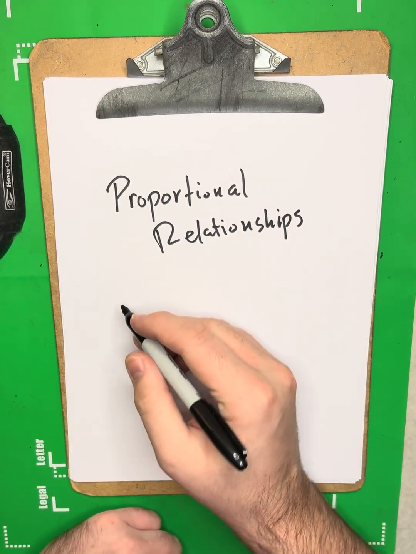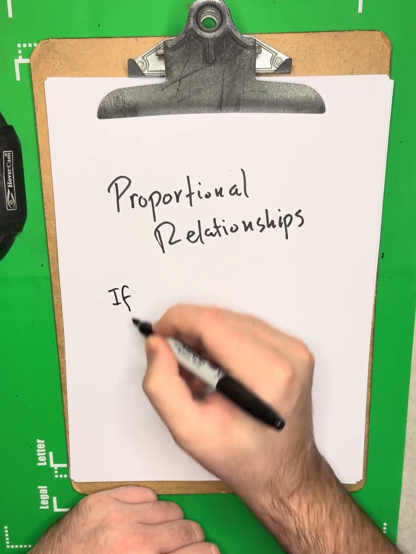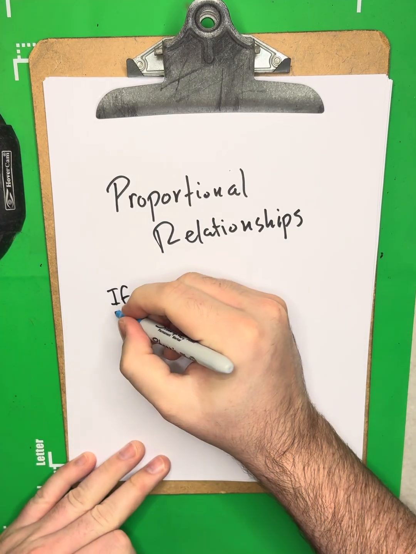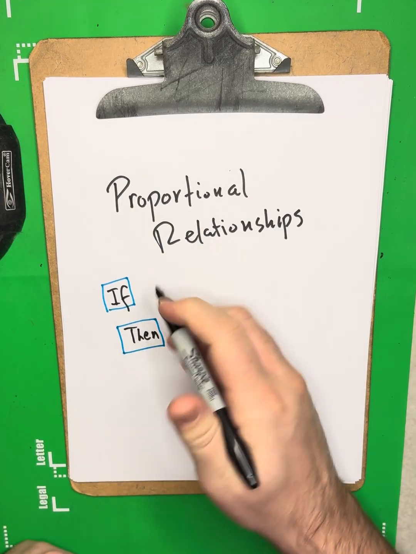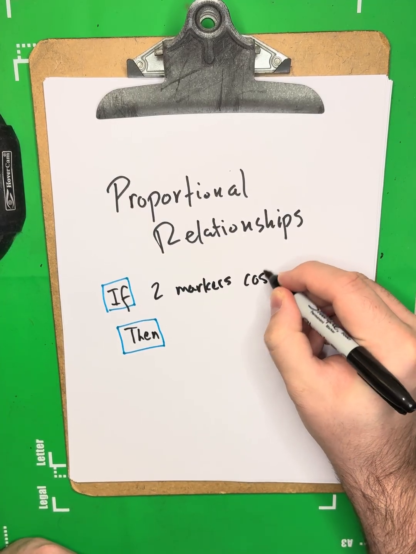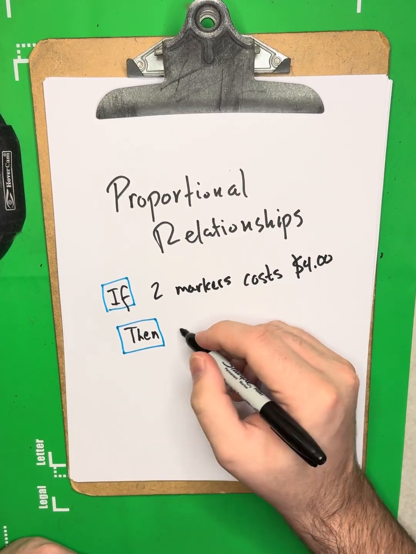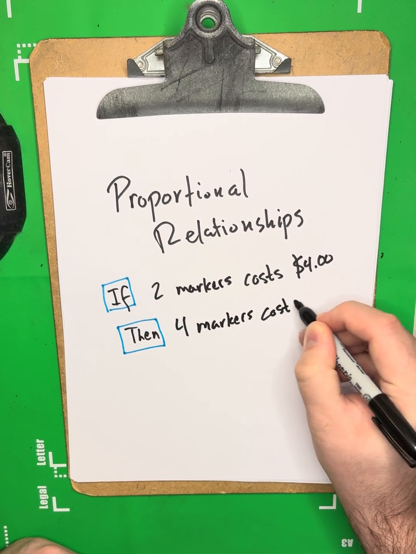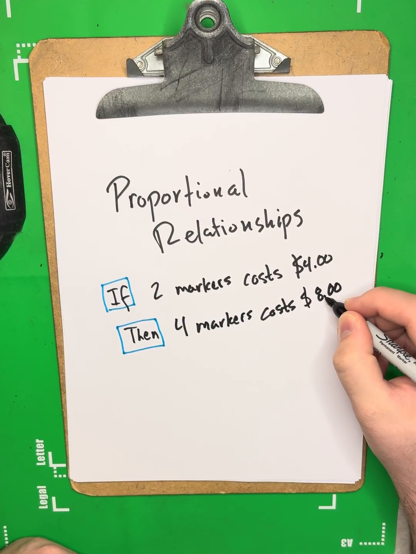So if we look at it and we think about our if-then models, let's say if two markers cost $4, then 4 markers cost, that's right, $8.